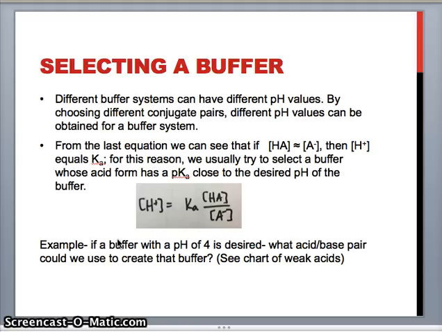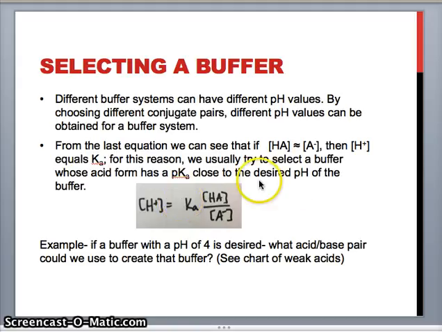It's helpful to be able to figure out how we can not only calculate the pH, but select appropriate acids and bases to get at that good pH region. And we're going to see that if we choose different conjugate pairs, we're going to end up with different pHs for our buffer system, and that this is really dependent on that Ka value.